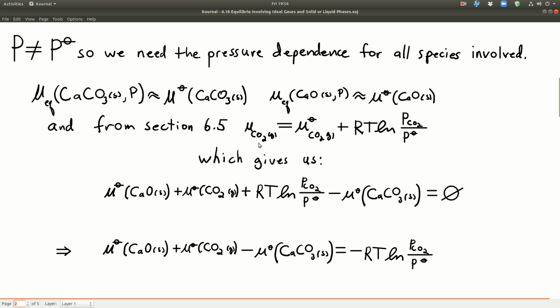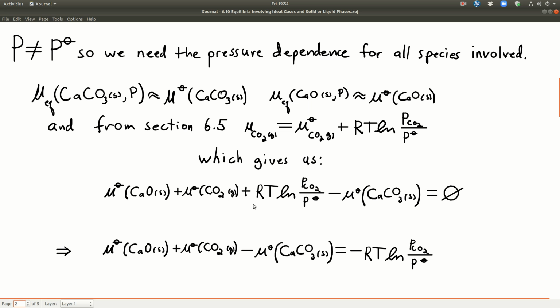But for the gas, the carbon dioxide gas, we already saw back in section 6.5 that the chemical potential at equilibrium of a gas is equal to the chemical potential of that gas at standard conditions plus RT ln of the partial pressure of that gas over the standard pressure of 1 bar.